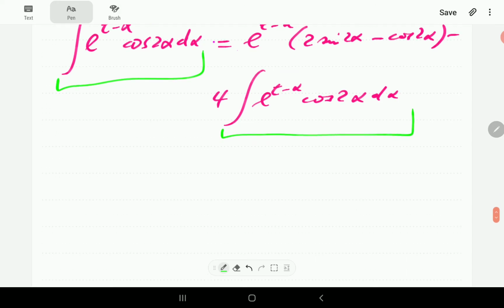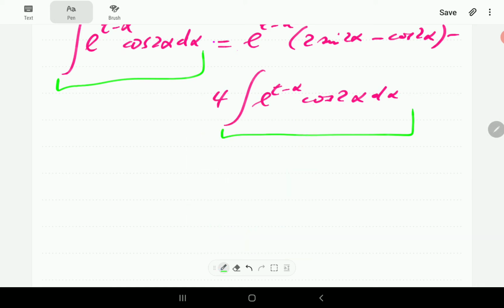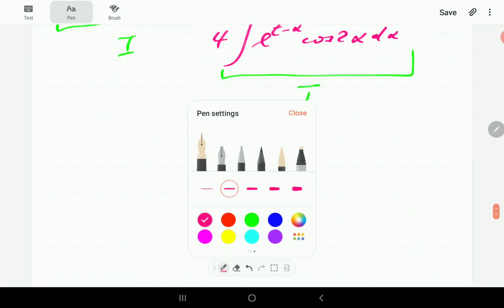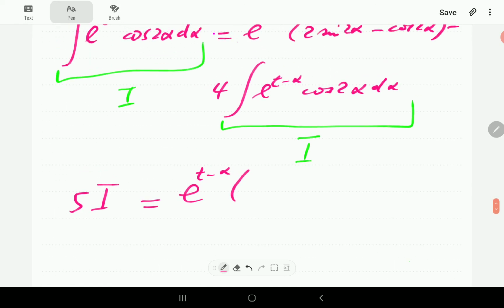So that's when we're going to take this to the left hand side, and in fact, if we call this I, then on the left hand side we're going to have 5 of them. So 5I is going to be e to the t minus alpha, brackets 2 sine 2 alpha minus cos 2 alpha.